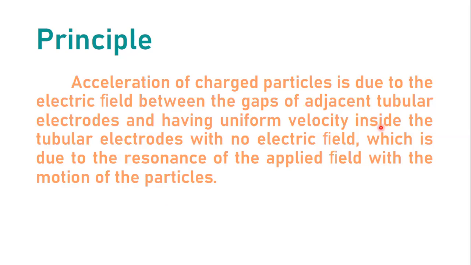Between the electrodes there exists an electric field, and inside the electrode the electric field is zero. When the particle enters the region in which the electric field is present, it gets accelerated, and when it enters the region where there is no electric field, it moves with the same velocity. It will not experience any acceleration.